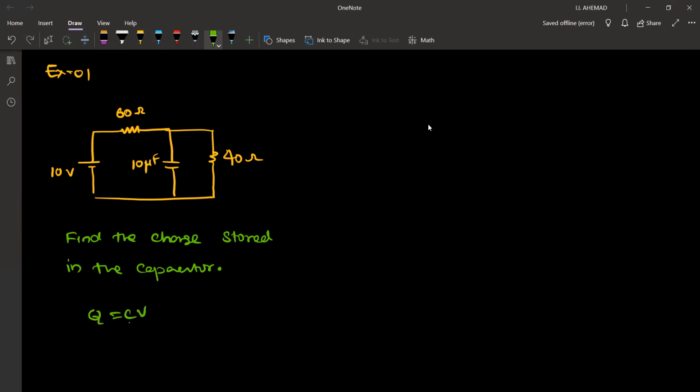So C is given, you have to find what is V. Now, just think about this circuit. In this circuit, initially the current will be flowing, I1 through this 60 ohm, and I2 and I3 initially.